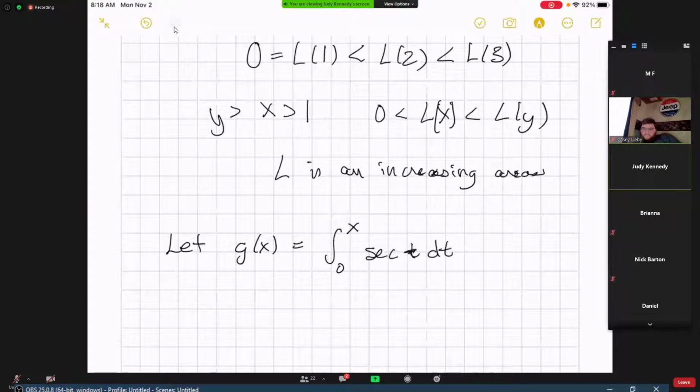Never make that a different letter. Secant does have an antiderivative, but we haven't talked about it yet. And I don't need an antiderivative of secant anyway. G prime is secant x.